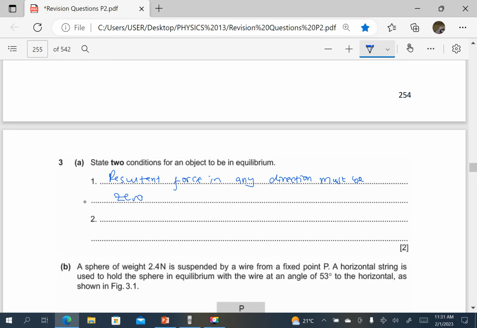That one is for what we call translational equilibrium. Number two, the resultant torque or resultant moment about any point is zero.